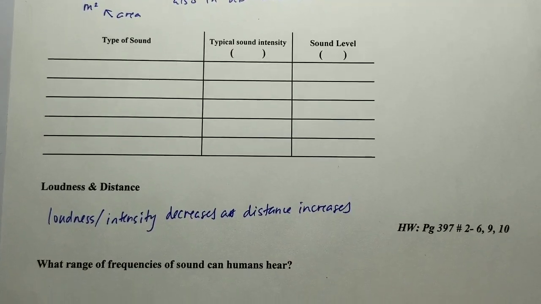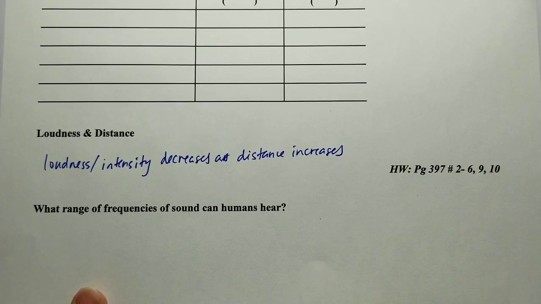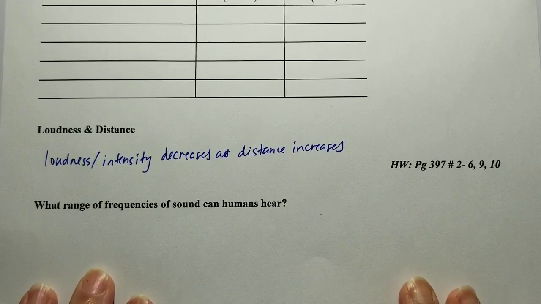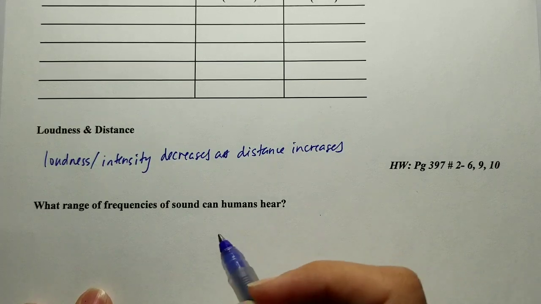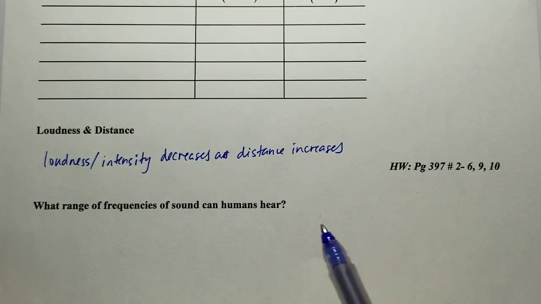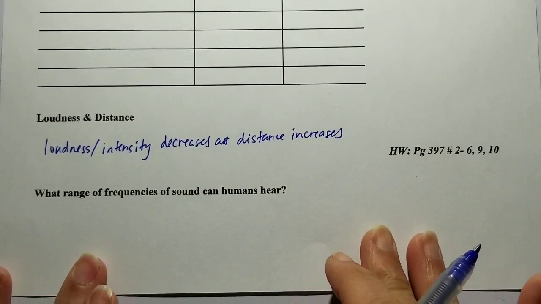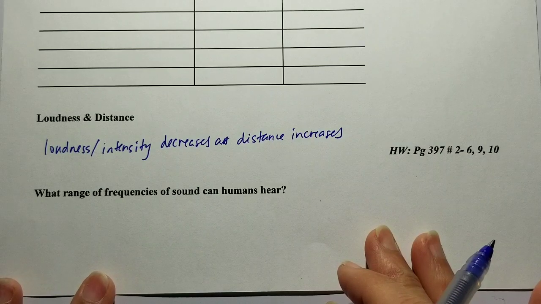And interesting stuff. What range of frequencies can humans hear? We've heard of ultrasound and infrasonic waves. So we, again, put ourselves in the middle of it and base everything on us.